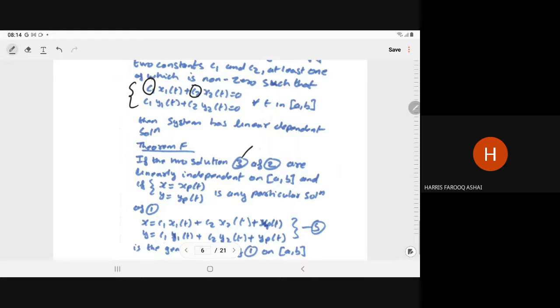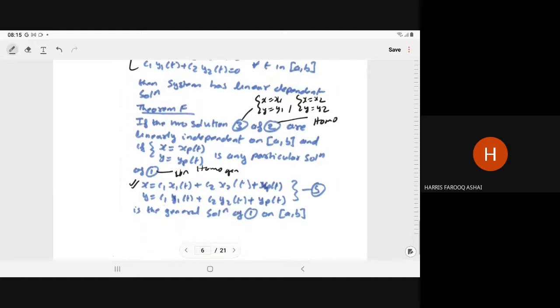Meaning these are the two solutions x = x1, y = y1, and x = x2, y = y2 of the homogeneous system on (a, b), and x = xp(t), y = yp(t) is any particular solution of the non-homogeneous equation, then their sum x = c1 x1 + c2 x2 + xp and y = c1 y1 + c2 y2 + yp will be the general solution of the non-homogeneous equation on (a, b).